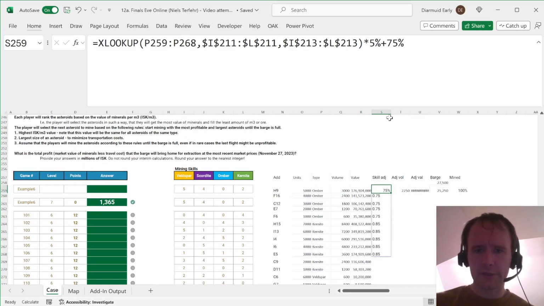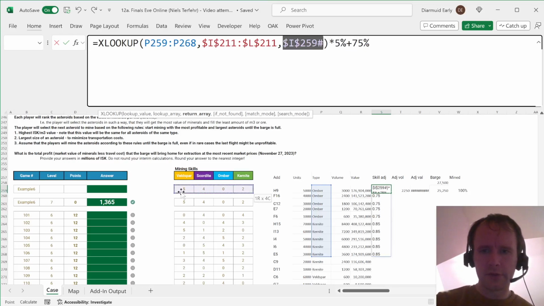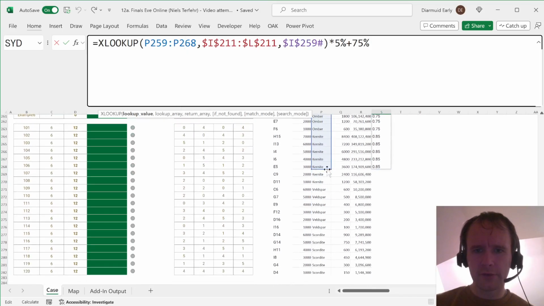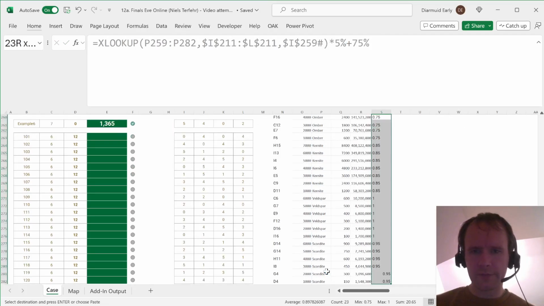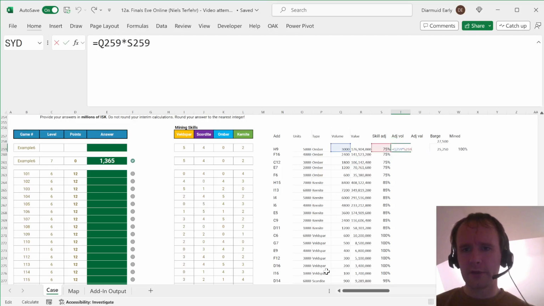Okay, so now my skill adjustment, I'm just going to need to change where I'm returning from. They're still in the same order, so I can just look up in here. And I need to change the size of the range that I'm looking for, because now I've got a longer list, and aside from that, that part still works. So my adjusted volume is good, my adjusted value is good. Just need to make it bigger.